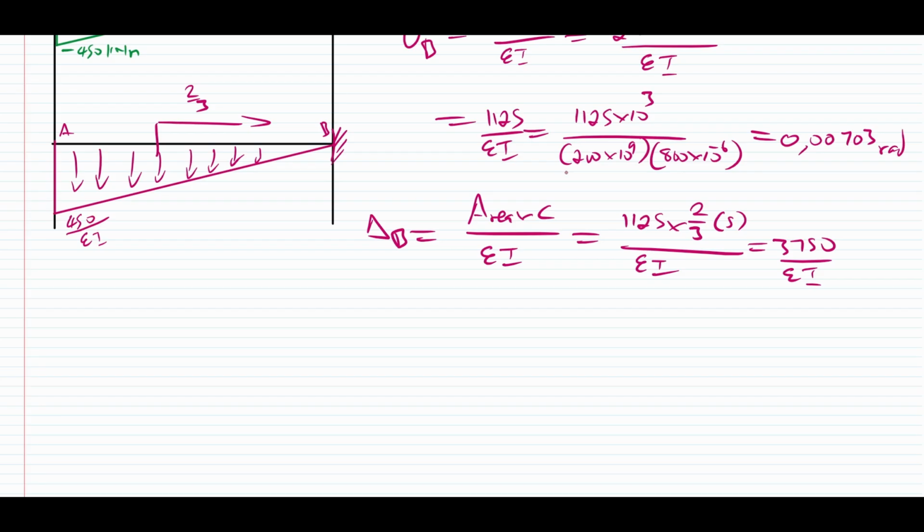If you are rushing, if you're against time, you can simply not cancel this equation in your calculator and then just add your 2/3 times 5.